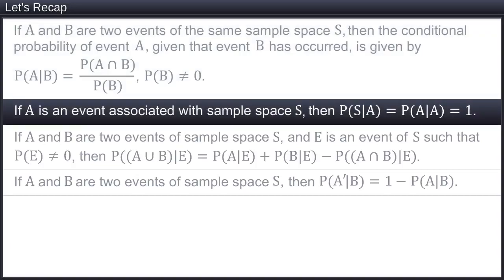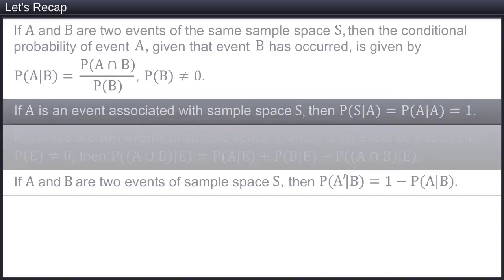If A is an event associated with sample space S, then the probability of S given A is equal to the probability of A given A, and both are equal to 1.